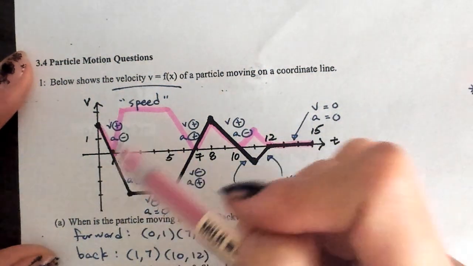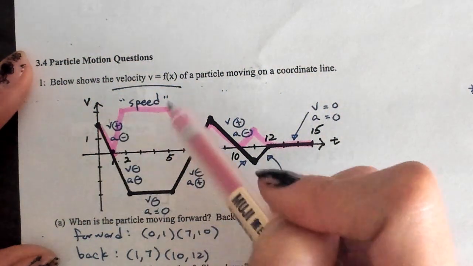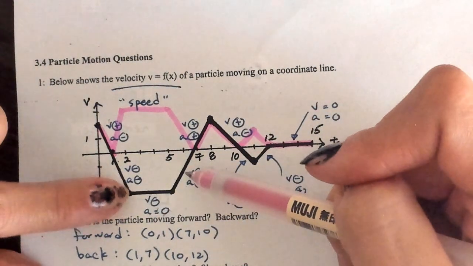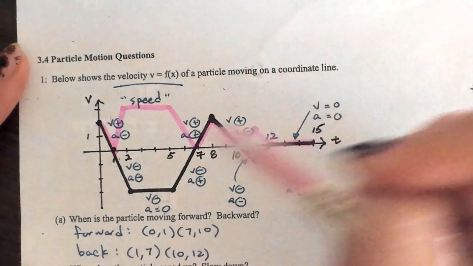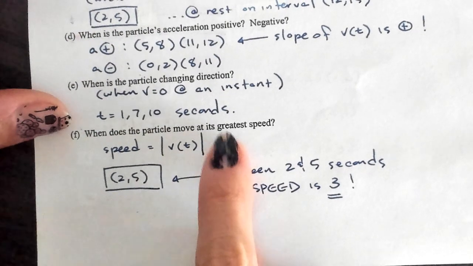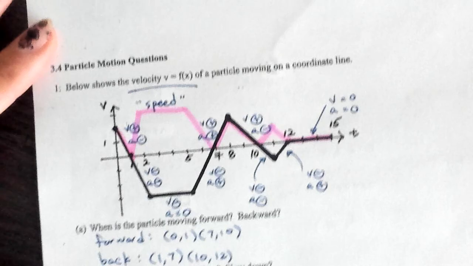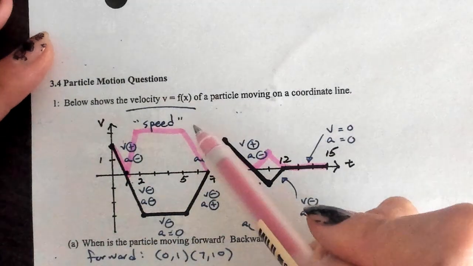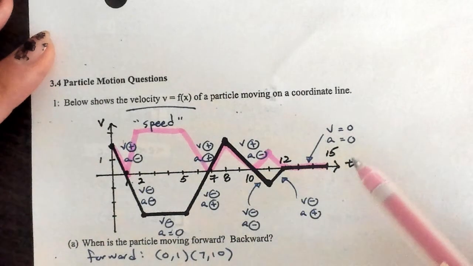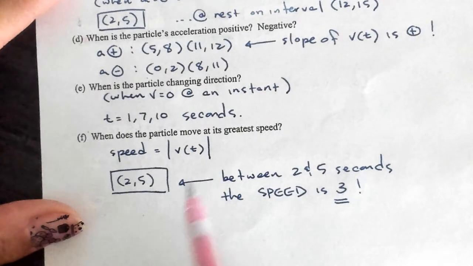Right now, velocity can be positive or negative. Speed is absolute value. Speed always has to be positive. So everything just got reflected up over the x-axis. So when do you have the greatest speed? Where are you highest? You're highest right here from 2 to 5 seconds. So from 2 to 5.